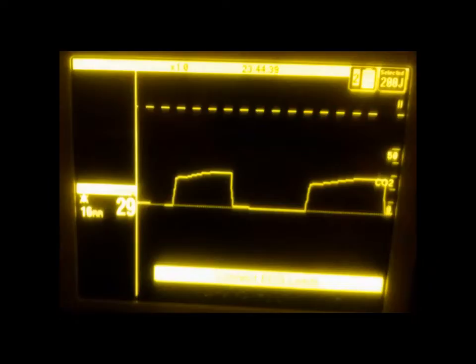So here's the scale on where the CO2 is detecting. It's going to pick up the end tidal. Right here, as you can see, you're just below 30, so about 29. That is the end tidal measurement: 29 millimeters of mercury of carbon dioxide. And by the way, the respiratory rate is 16.